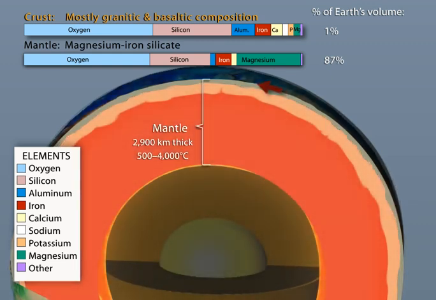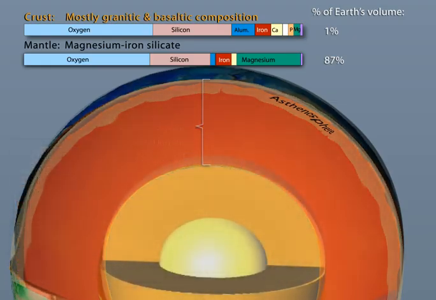Below this zone, the upper mantle becomes notably more plastic and malleable due to the right combination of heat and pressure. That ductile zone is known as the asthenosphere and varies up to 400 kilometers deep, depending mainly on temperature. The lower mantle comprises 55% of the planet by volume and is denser and hotter than the upper mantle.